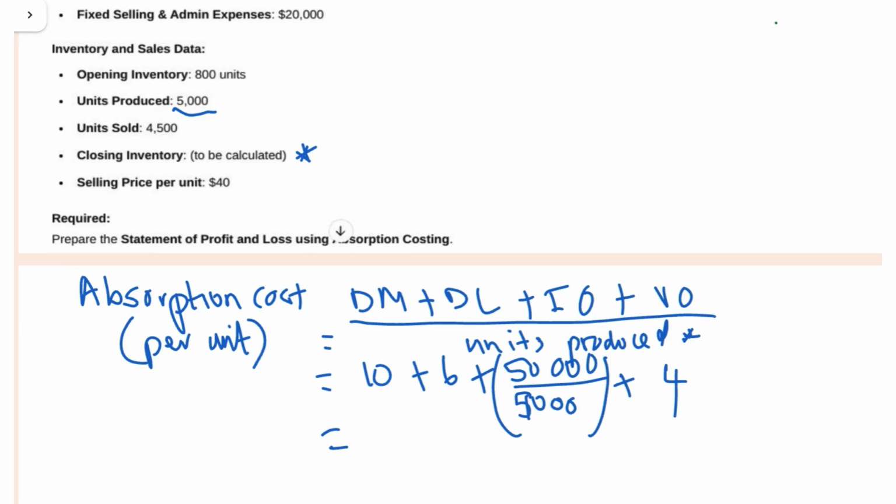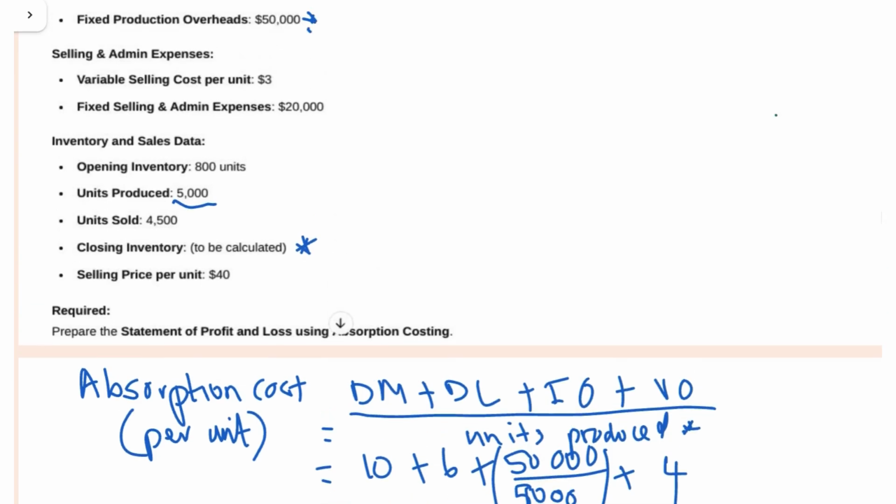So we have 10 plus 6, and 50,000 divided by 5,000 gives us 10, plus 4. Our total absorption cost is 10 plus 6 plus 10 plus 4, which is $30. All right, that is done.